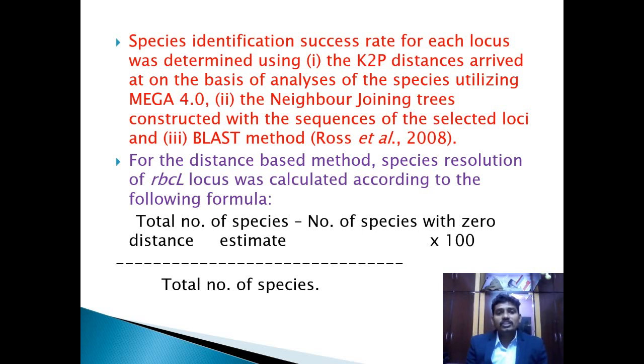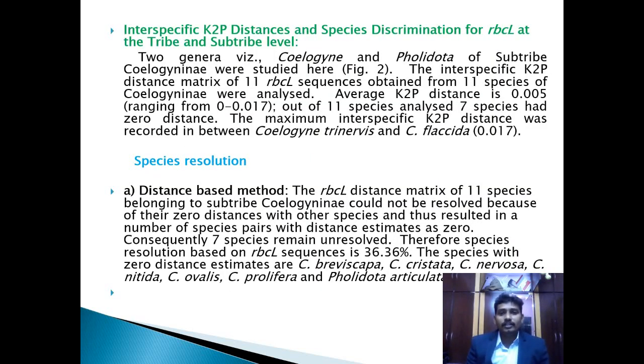For the distance-based method, species resolution of the rbcL locus was calculated according to the following formula: total number of species minus number of species with zero distance, divided by total number of species, times 100. This is the formula to calculate according to the distance.